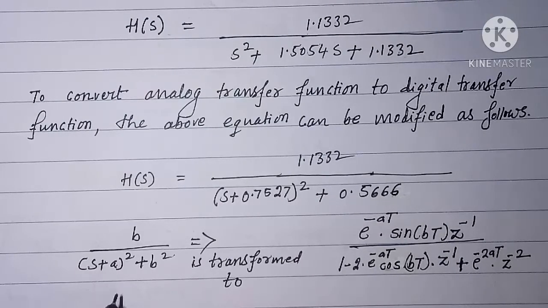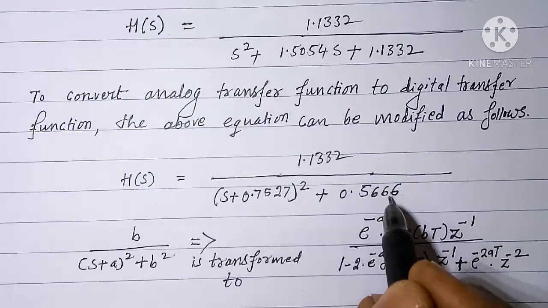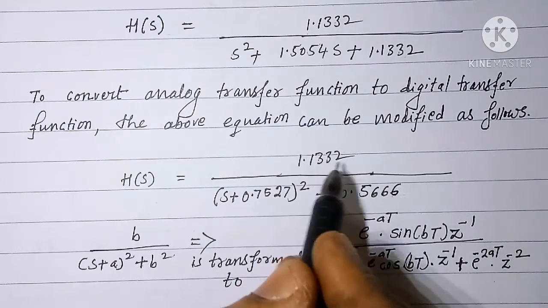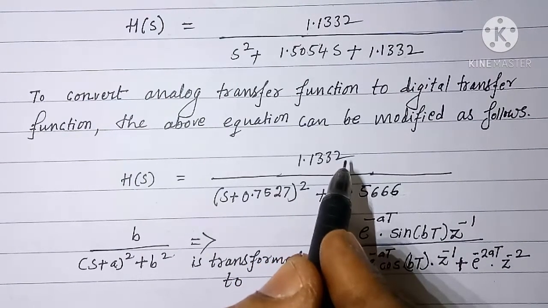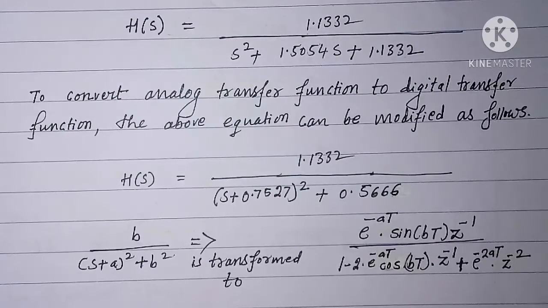Now you can observe here from this relationship and the available H of s that 0.5666 is not the square of 1.1332. So you have to modify H of s to write it in b upon (s plus a) square plus b square form.